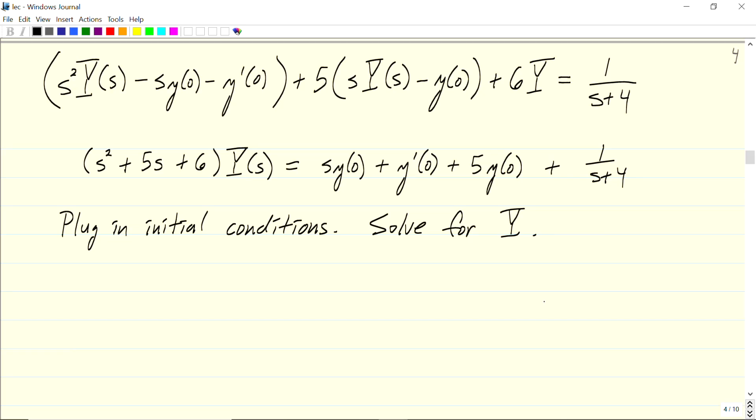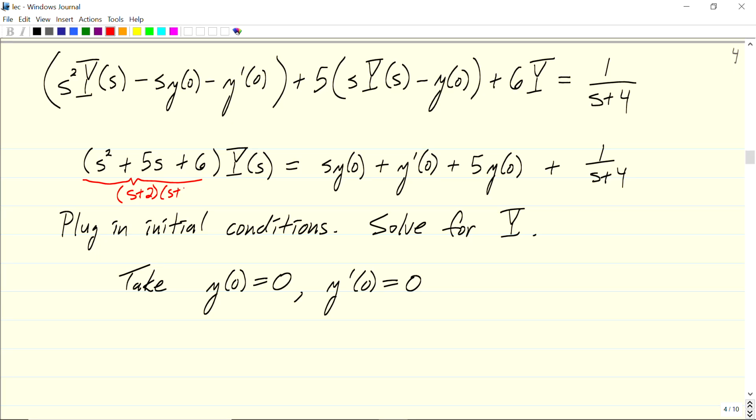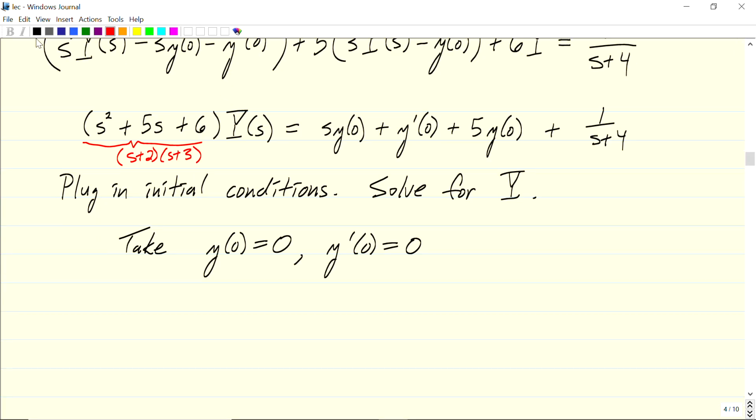Let's take initial conditions to be 0, just to make my life easier here. Let's take y of 0 equals 0, y prime of 0 equals 0. Then when I solve for it, the polynomial is s plus 2 times s plus 3. I get Y of s equals 1 over s plus 2 times s plus 3 times s plus 4.